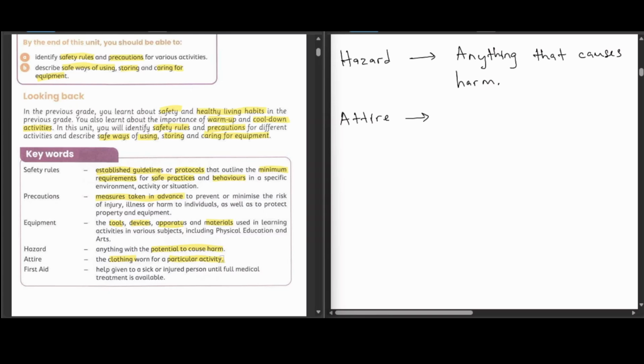Then if the physical activity is, for example, athletics, you wear running shoes. There are things which we wear for particular or specific activities. Saka, attire is just clothing for a particular physical activity.